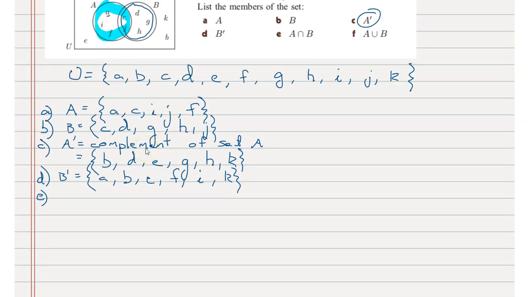Now moving down to E. And what we've got is A, B, and there's a funny symbol. So this symbol here is the intersection. So what is common between sets A and B?